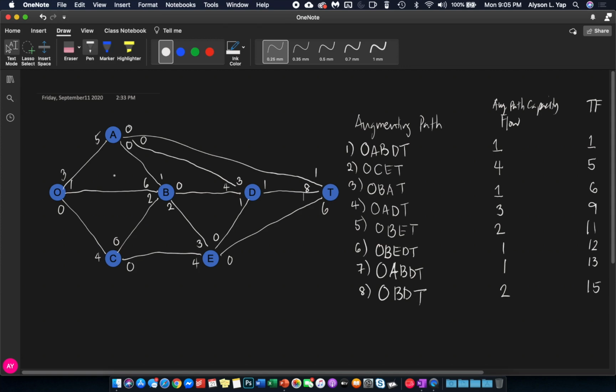And because there are no more augmenting paths, we've exhausted all augmenting paths in the graph, and we can say that this total flow of 15 is our maximum flow.